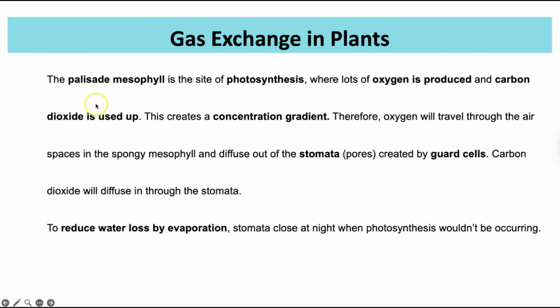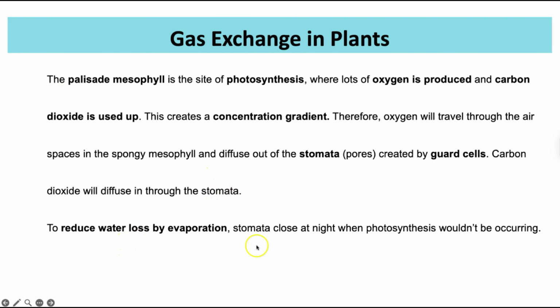Carbon dioxide, because that's being used up, we also have a concentration gradient compared to inside the leaf and the outside, so carbon dioxide will diffuse in through the stomata. So that is how the concentration gradient is maintained.